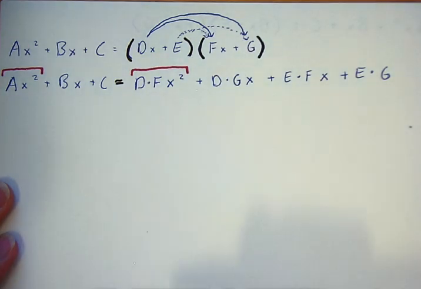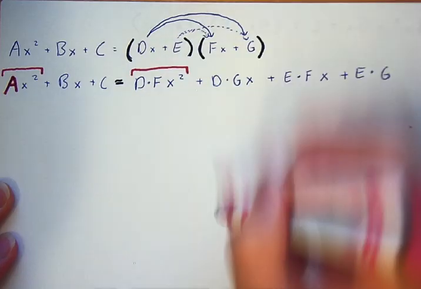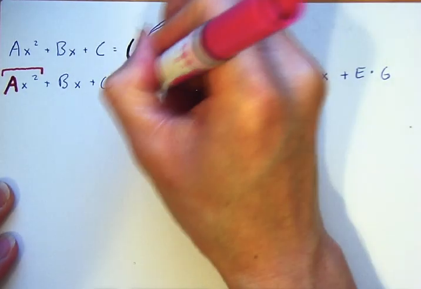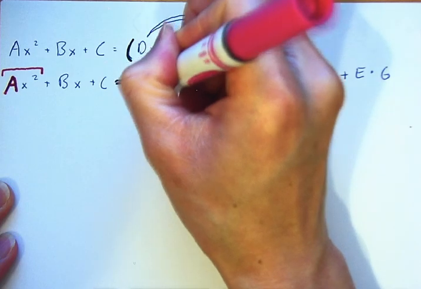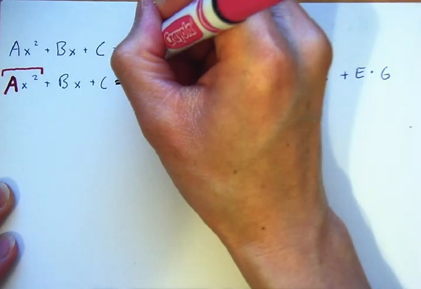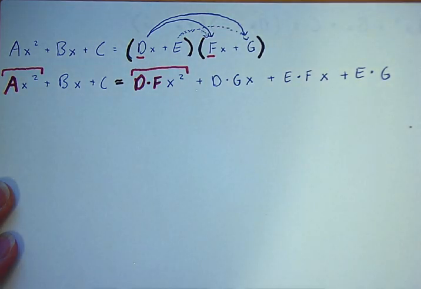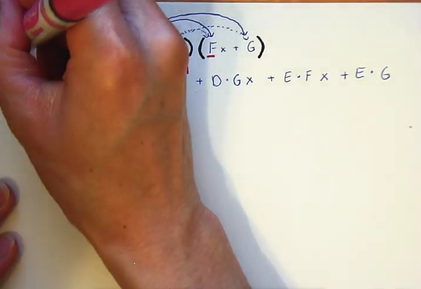So what I know is that this d times f, which is this one right here and this one right here, those two will multiply to equal my a.